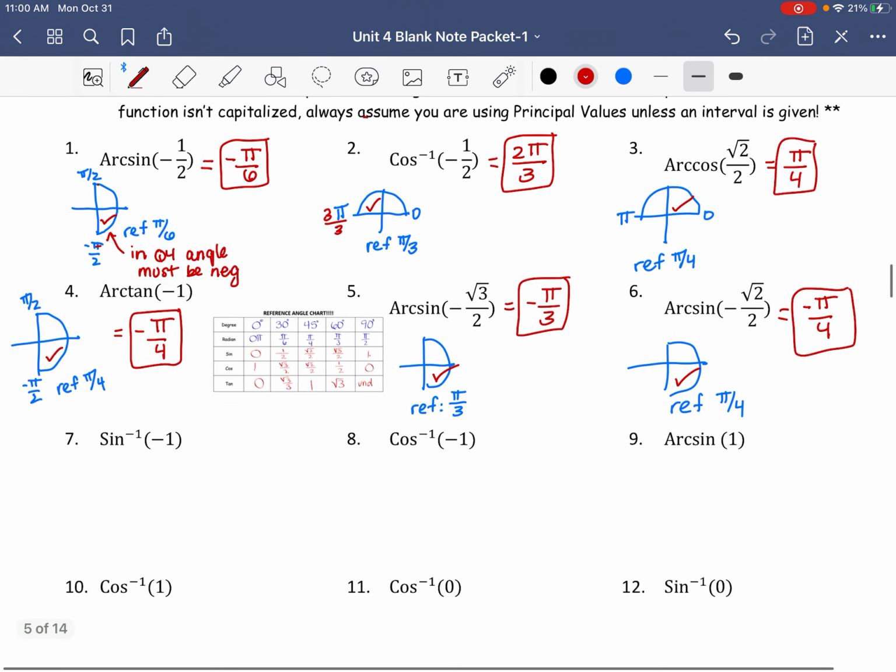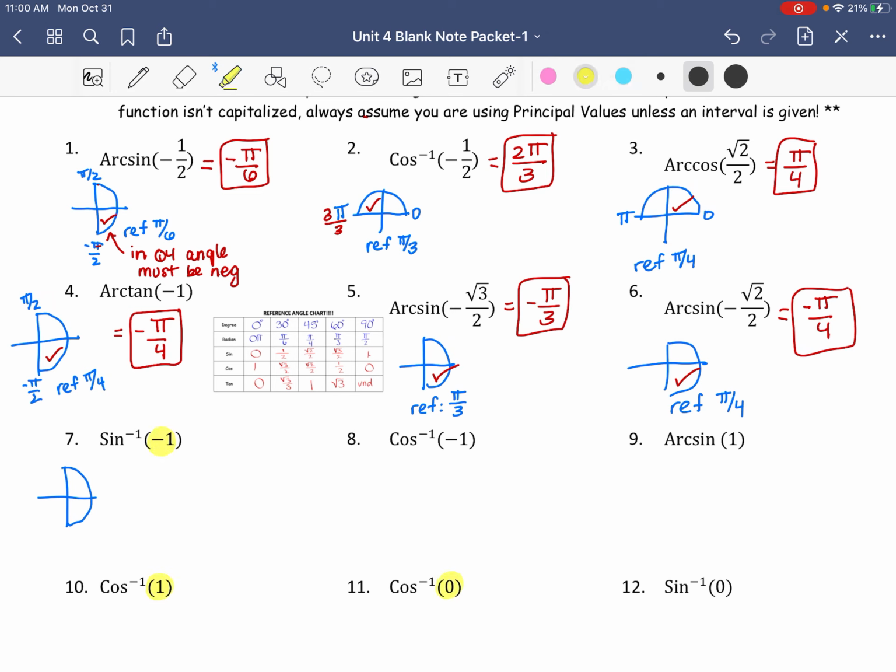Okay. These last 6 on here are kind of special cases. So, start off the same way. Inverse sine. Whenever it is inverse sine or cosine of negative 1, 1, or 0, pretty much all of them are special cases. What's happening is your answer is still going to be an angle, but your answer is on the axis.